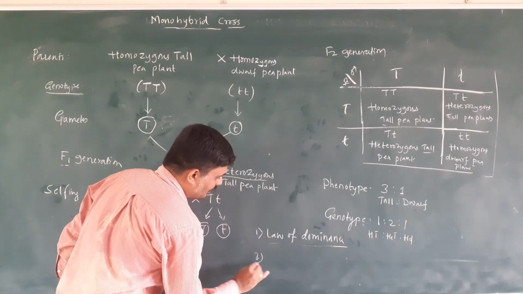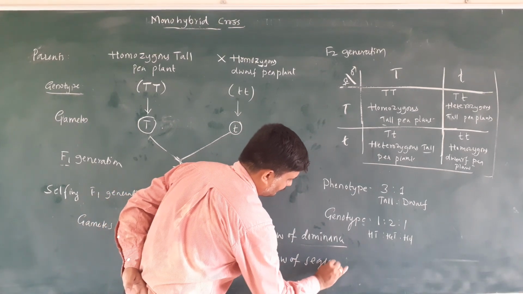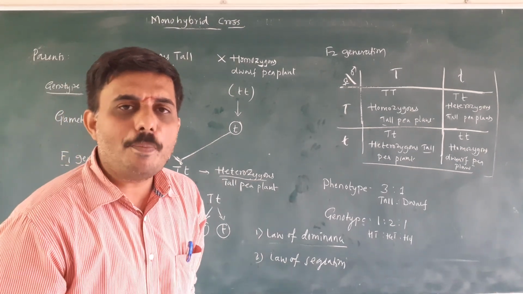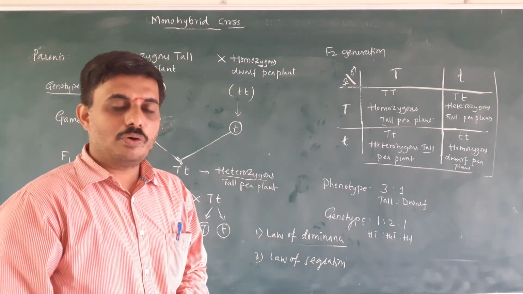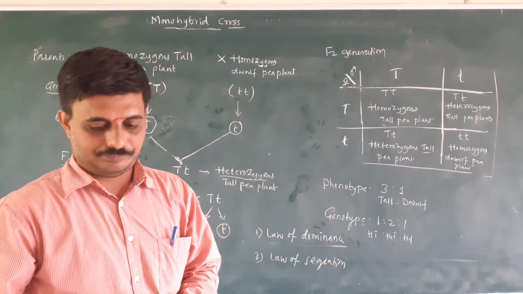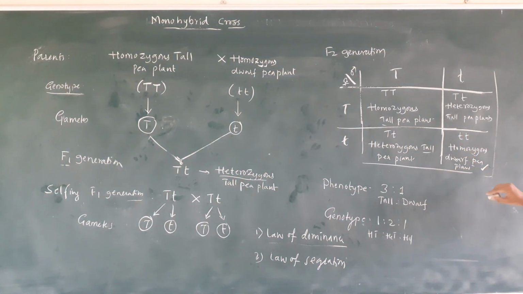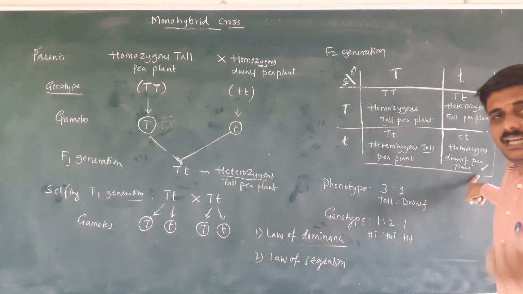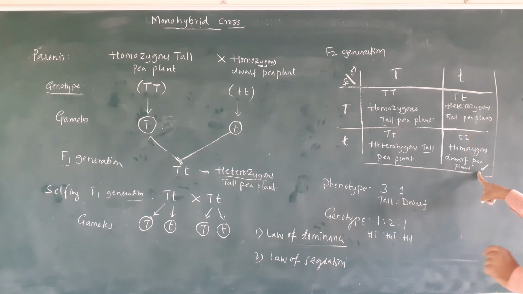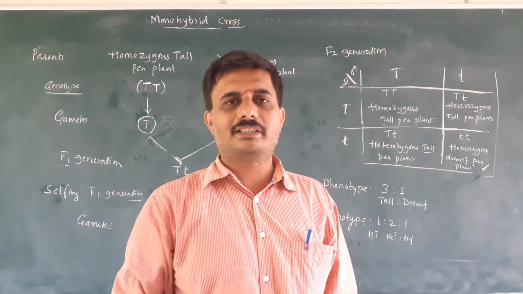The second one is called the law of segregation. It is also called the law of purity of gametes. When he got the ancestral character repeated in the F2 generation, he said that there must be two factors responsible for a character.